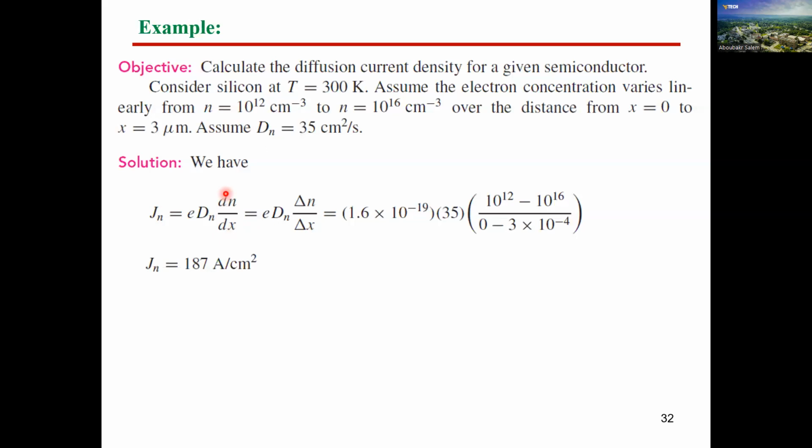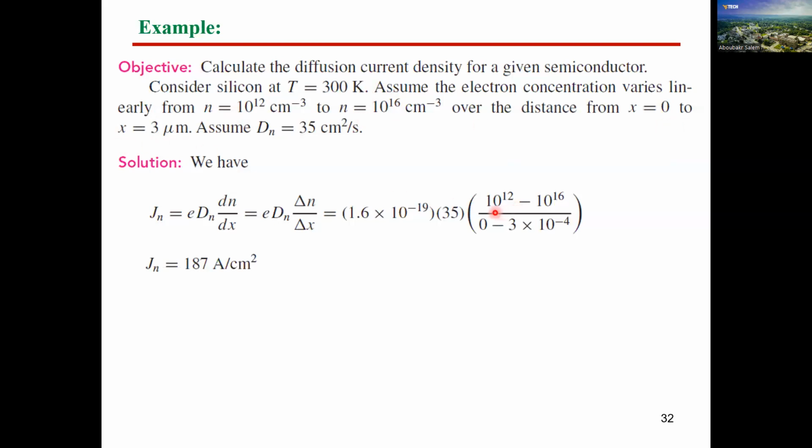So it's mentioned here, guys, that the concentration varies from 10 to the power 12 to 10 to the power 16 from 0 to x, so you have to respect the direction. So this is the variation from 10 to the power 12 at x equals 0 to 10 to the power 16 at x equals 3 micrometers.